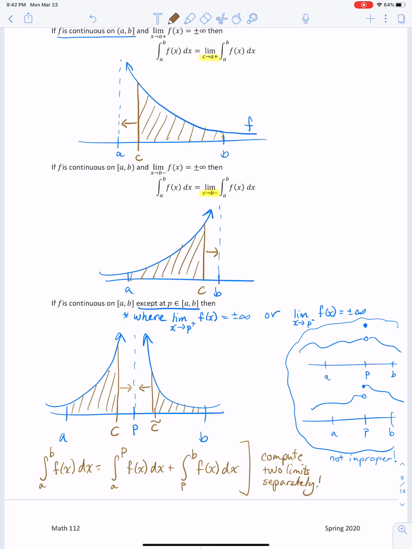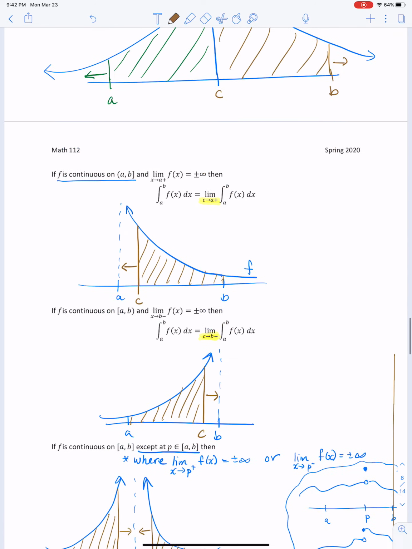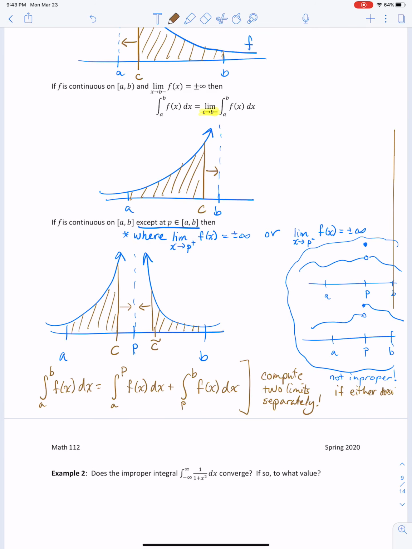Separately. And in particular, if either of these limits does not exist, then the entire integral doesn't exist. If either doesn't exist, then the integral does not converge.